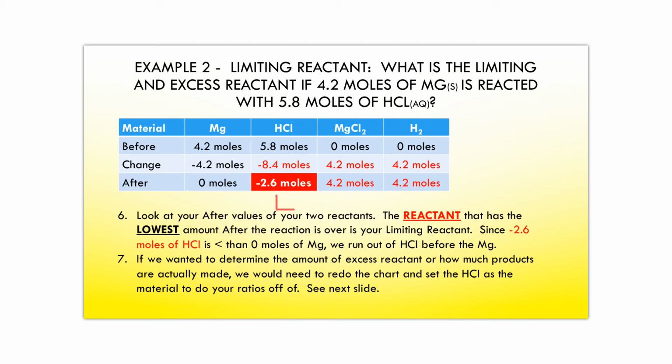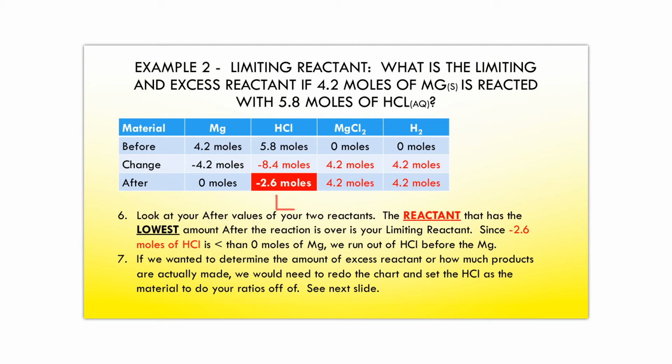Why? Because you're deficient. You are negative. Because in order to fully consume all of this, you would need 8.4 moles of HCl, but you only have 5.8. So once you get down to the 5.8, once that's done, you don't have a reaction anymore. It stops. So you would have not fully reacted all this.